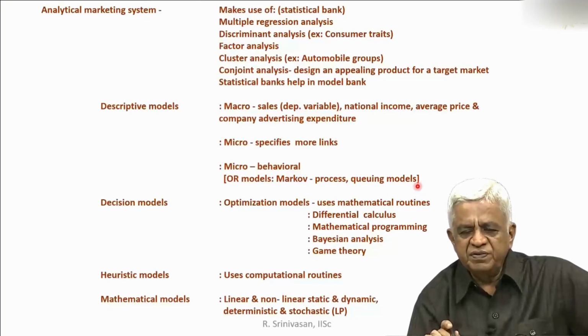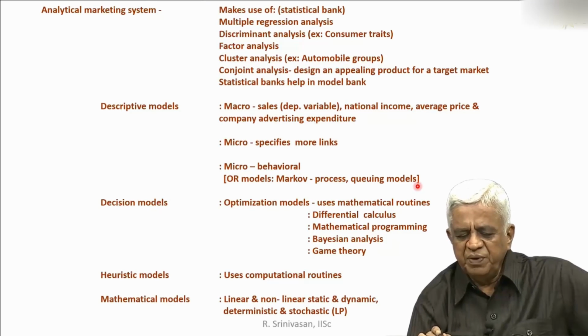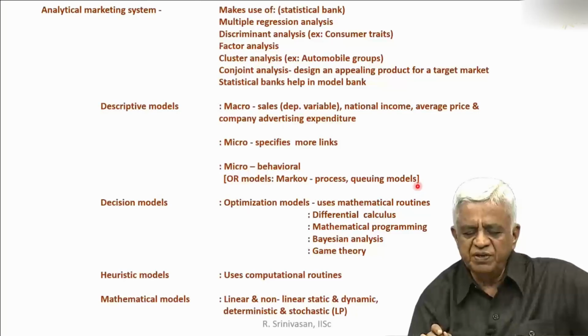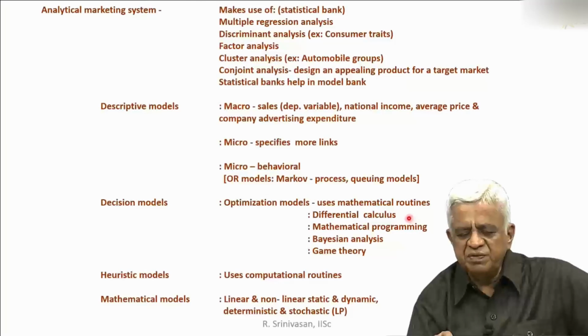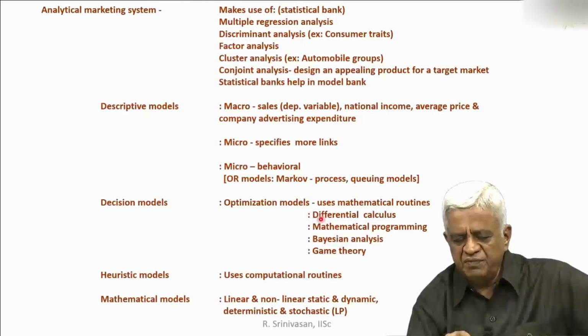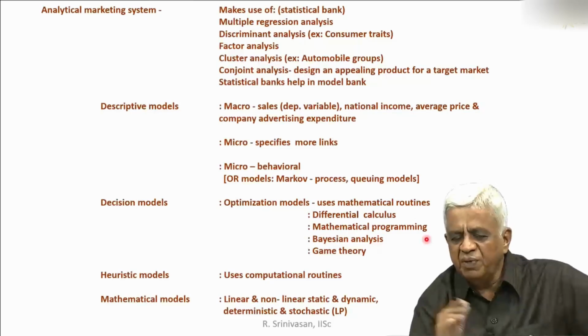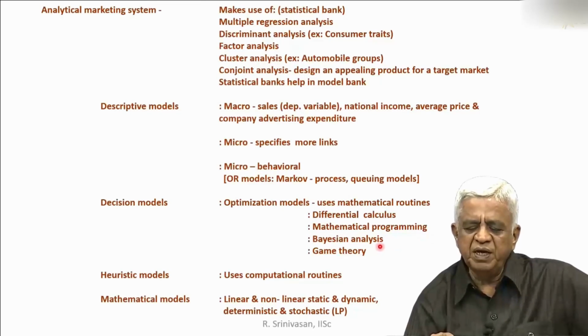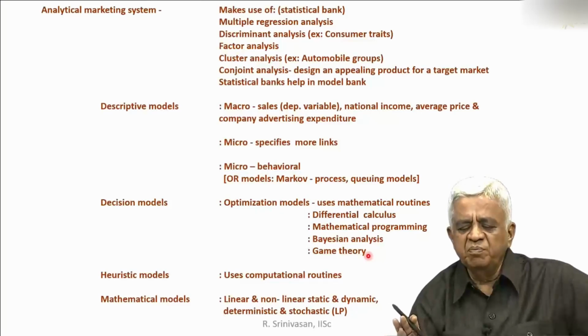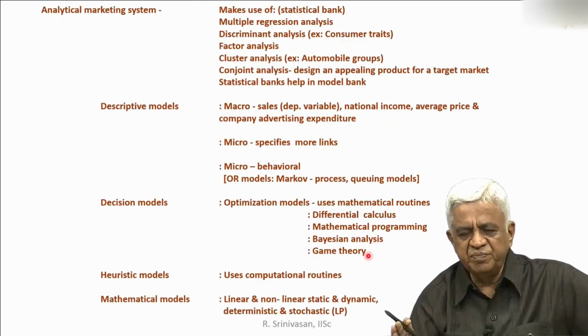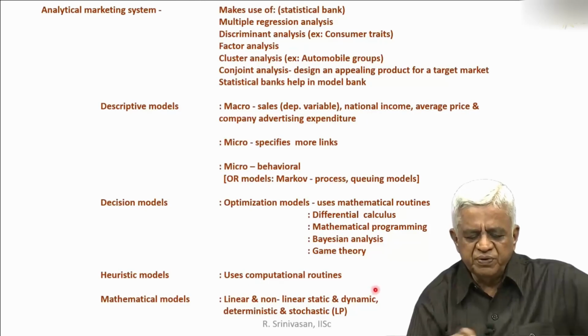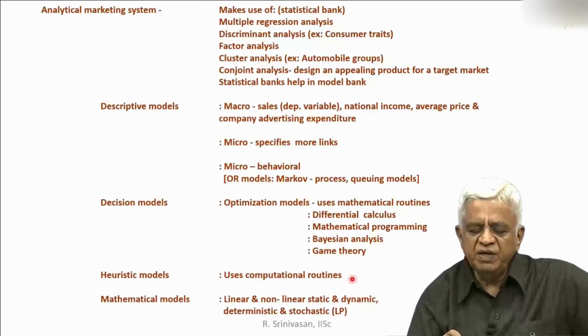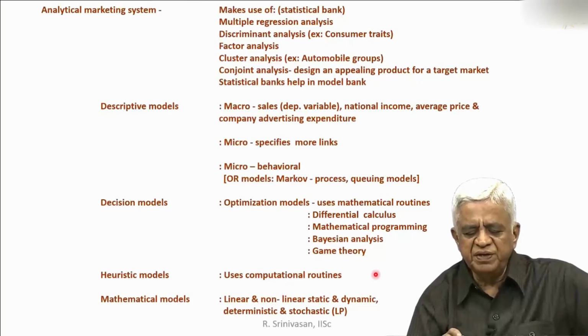When we look at the decision models, we are looking basically at the optimization models. These optimization models make use of differential calculus, mathematical programming, Bayesian analysis, and game theory. These are called mathematical routines. Then we may also make use of heuristic models when we use computational routines.